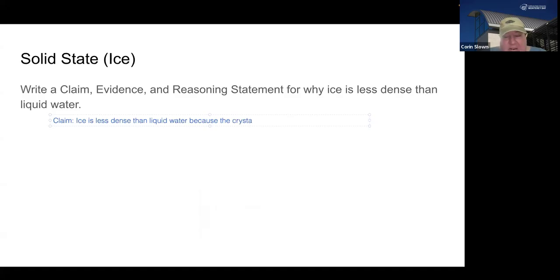Thank you. That's brilliant. So the crystal structure of ice has a different arrangement of water molecules than liquid water.